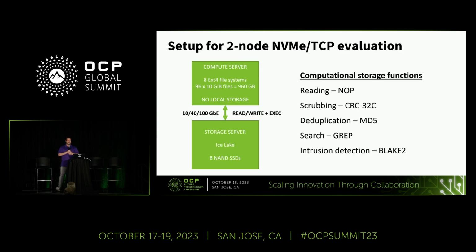And so what we did in this particular one to showcase how it works is, to the comment that was made earlier about TCP, great, we like TCP/IP. We took one server that is our compute server, we took one server that's a storage server, and we offloaded to the drives themselves the different features of computational storage that we can do for purposes of data integrity. So the reading, the scrubbing, the dedupe, the search, and even the intrusion detection to some extent.